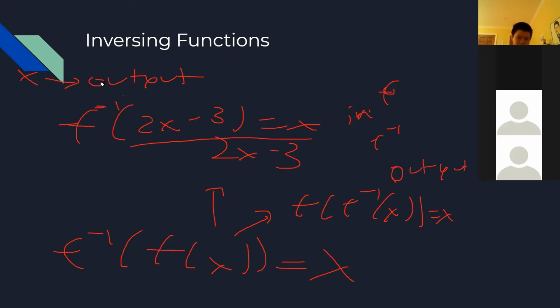So f minus 1 would be input, or to be more precise, it's what x would be. f minus 1 of x gives us a value such that f of it is x, since x is the original input.